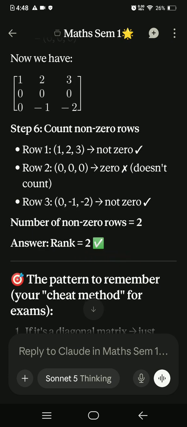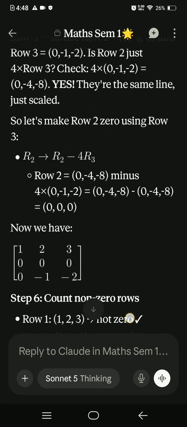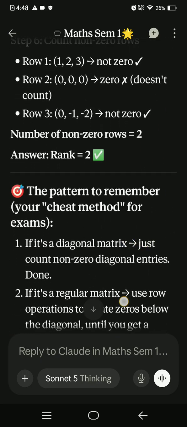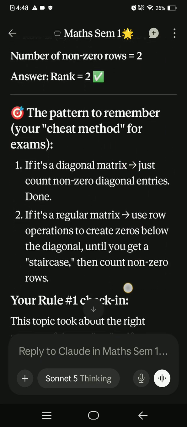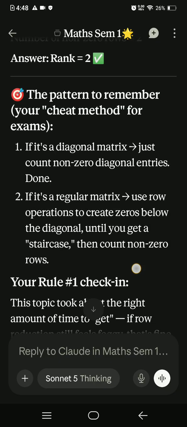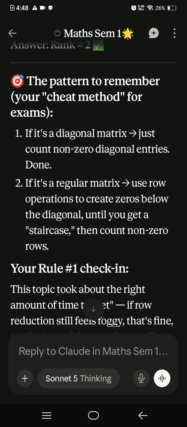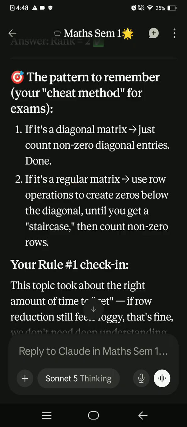This is actually a little weird, these calculations and this method. Anyways, the pattern to remember, your cheat method for the exam: if it's a diagonal matrix, just count the non-zero diagonal entries, done. If it's a regular matrix, use row operations to create zeros below the diagonal until you get a staircase.